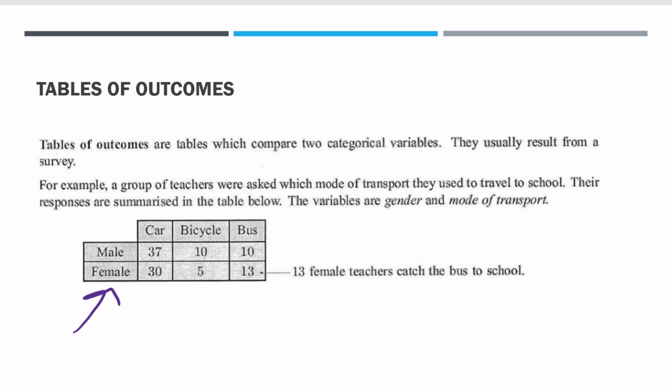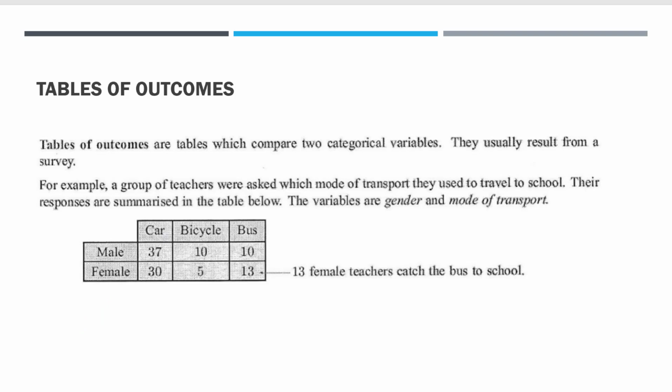So for example, a person can be male or female, and then the number is how many of each of the category we have. Or we have that car, bicycle, and bus. And then the number below is how many correlates to each category.